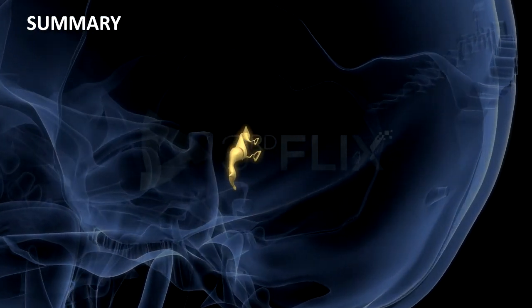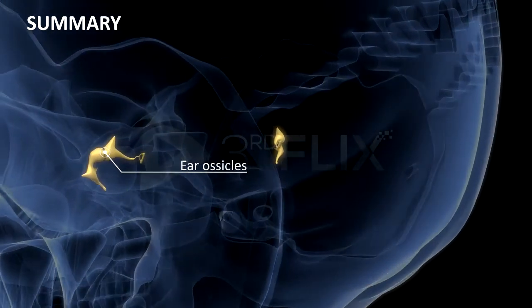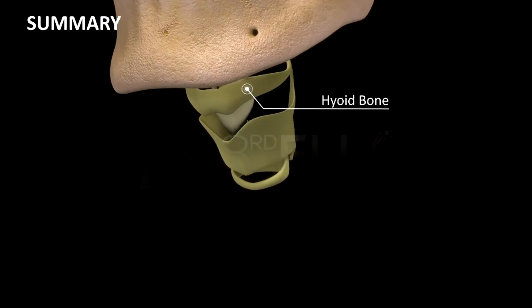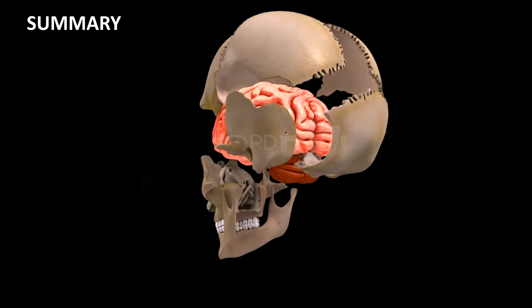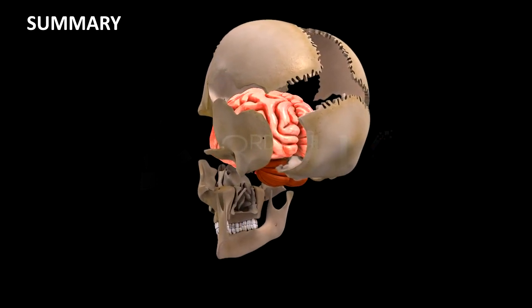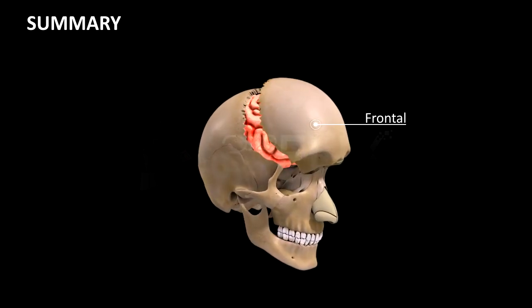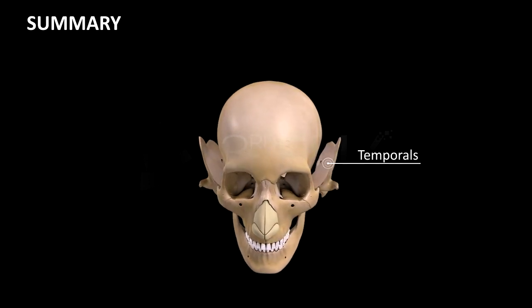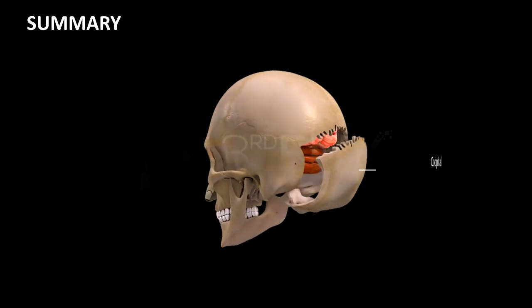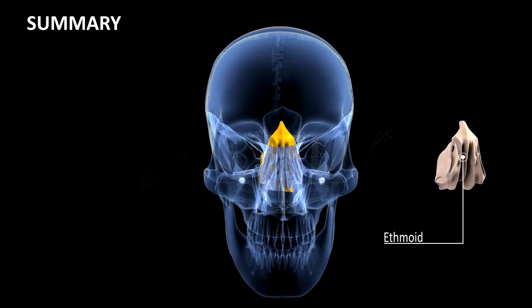Thus, the skull consists of 22 bones apart from the ear ossicles and the hyoid bone. The cranium is formed by 8 flattened cranial bones that form the hard, protective covering for the brain. These include a frontal, a pair of parietals, a pair of temporals, an occipital, a sphenoid, and an ethmoid.